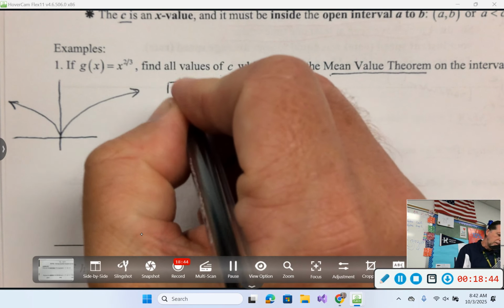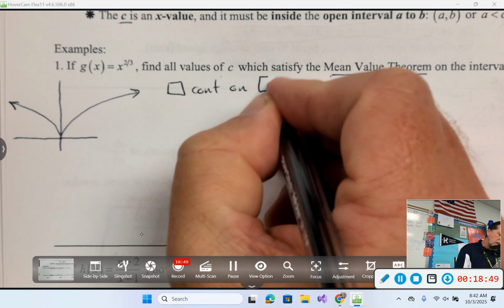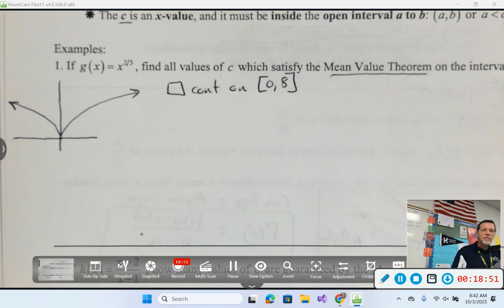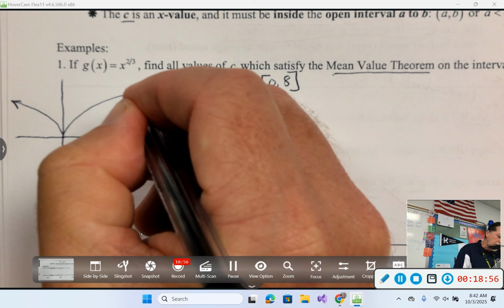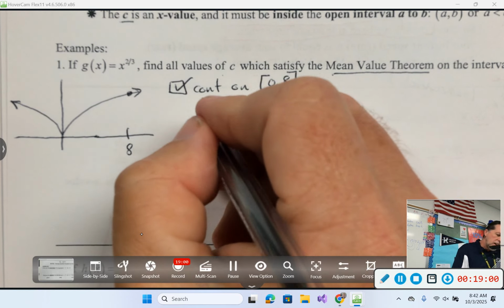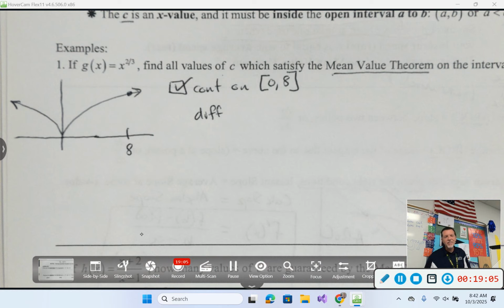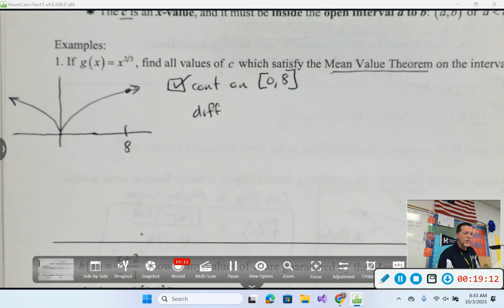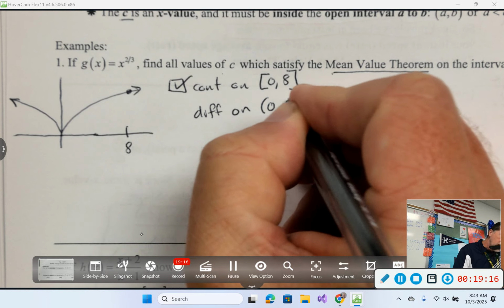So this is like a checkbox situation. Is it continuous on 0 to 8? Who knows? 8's out there somewhere. Yeah, definitely. Is it differentiable? Let me pause right there. Is that graph everywhere differentiable? No. Why not? There's a cusp at 0. Is it differentiable on the open interval 0 to 8?